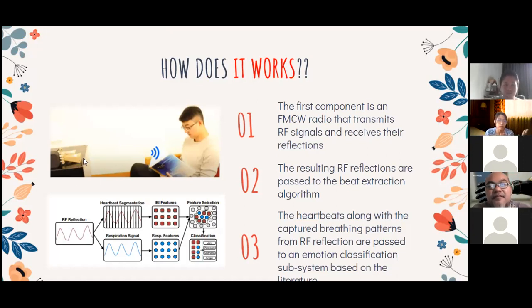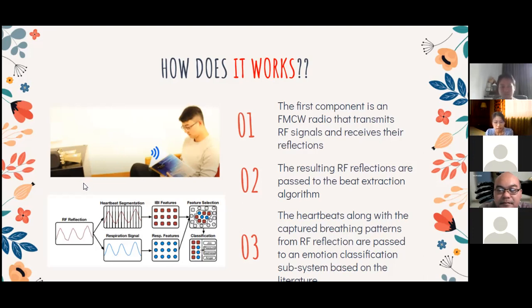The authors use FMCW because FMCW radio has the advantage of separating different sources of motion in the environment. So if there are multiple people, they can separate the different sources, which makes the signals easier to analyze.